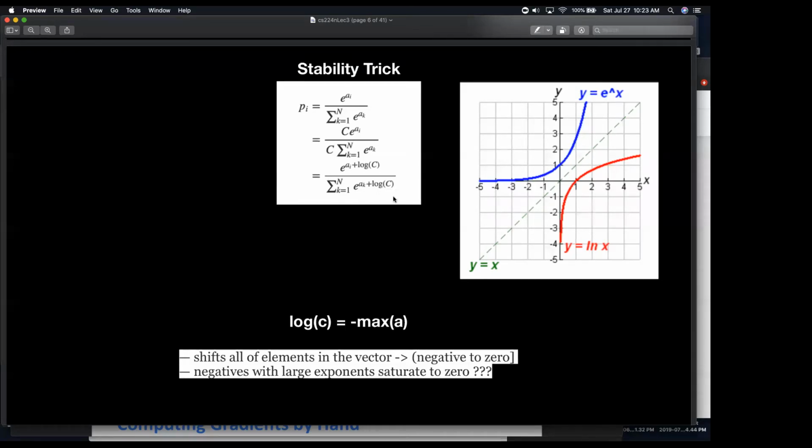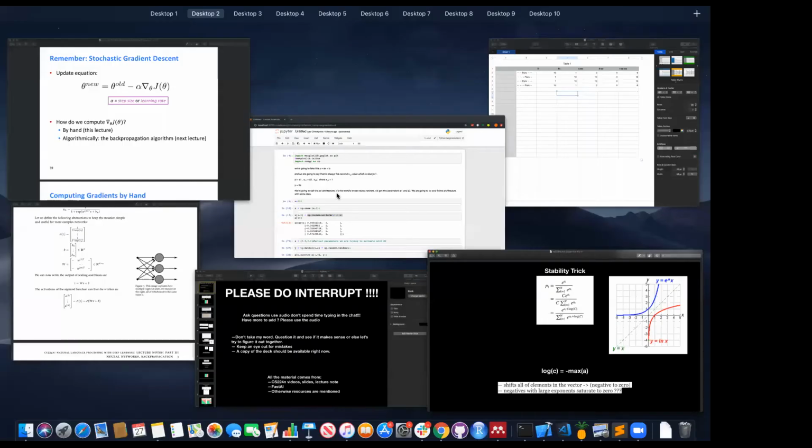And now what you usually set this log c to is max of a. I pulled this down, I was trying something today.